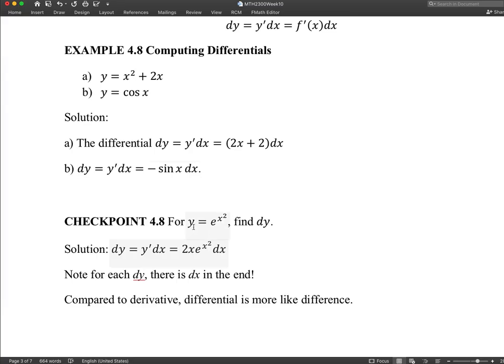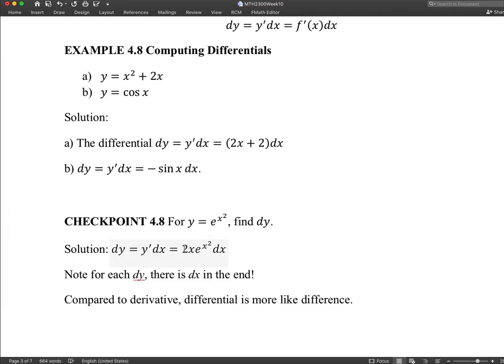So in this case, y equals e to the x squared. Remember I said in order to understand the differential, you do need to know derivative rules very well, because the first thing you need to do here is to calculate the derivative. This time it is an exponential function with the chain rule.